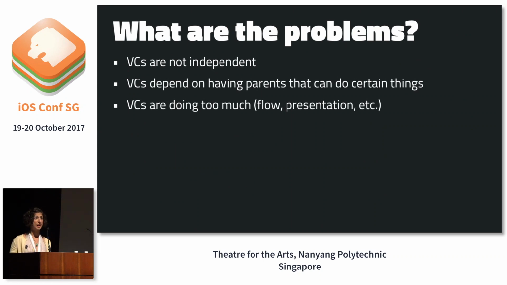So let's quickly summarize. What are the problems? Well, view controllers are not independent. By instantiating A, I'm implicitly getting whatever view controllers it instantiates and whatever view controllers those instantiate. So there's this implicit dependency. When I pick one view controller, I kind of get the whole tree. Also, view controllers are depending on a parent that may or may not exist.